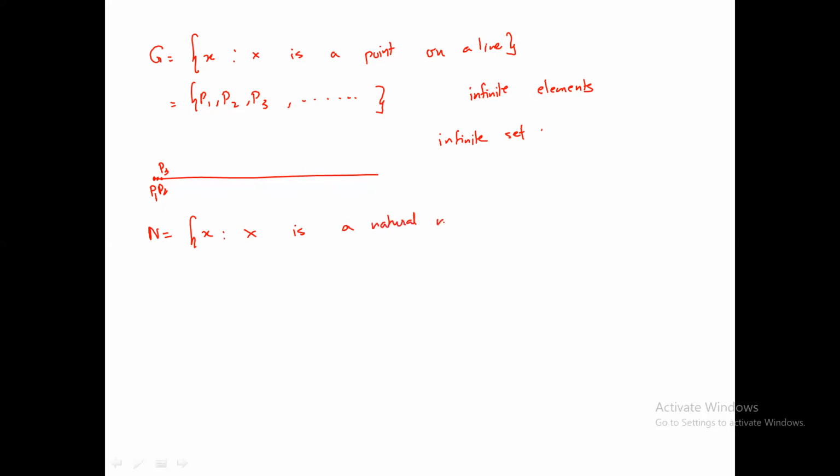So if I want to write natural numbers, can I write all the natural numbers in a roster form? I'll have just to write 1, 2, 3 and leave it. Write dots and leave it. Because I can't sit and write all natural numbers. So all infinite sets cannot be completely written in the roster form.